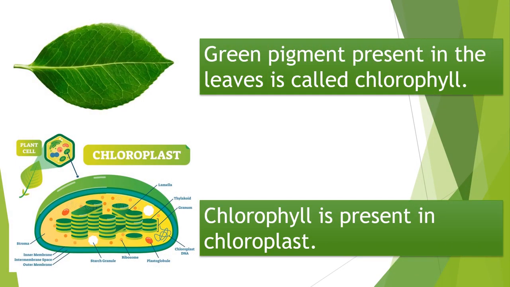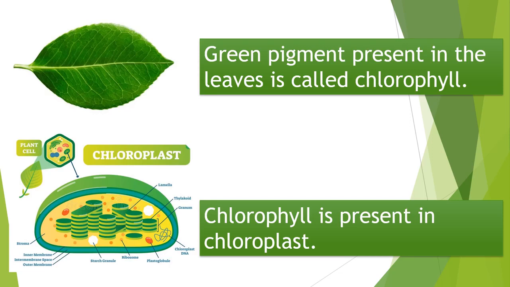When I told you about photosynthesis, I already said that during photosynthesis plants use chlorophyll. What is this chlorophyll? Chlorophyll is the green pigment present in the leaves. All of you know that the color of the leaf is green. Which pigment gives the leaf the green color? The chlorophyll gives green color to the leaf.